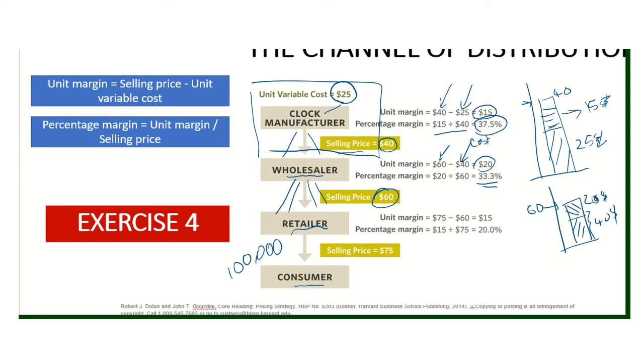Similarly, now the wholesaler says, oh, I made my money. I made 33% on the sales. The retailer buys the product at $60. So the cost of the clock to the retailer is $60, but he says, I'm going to sell to the actual customer for $75. So $75 minus 60 gives him a $15 profit.